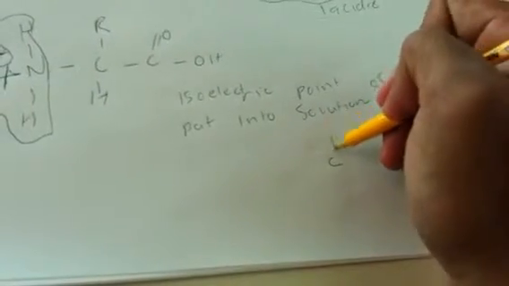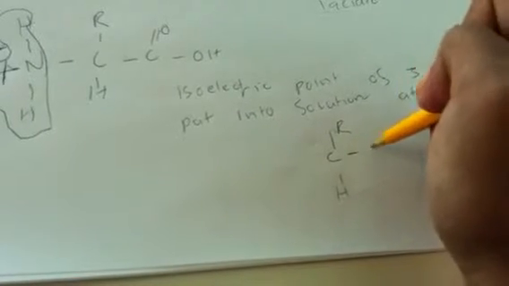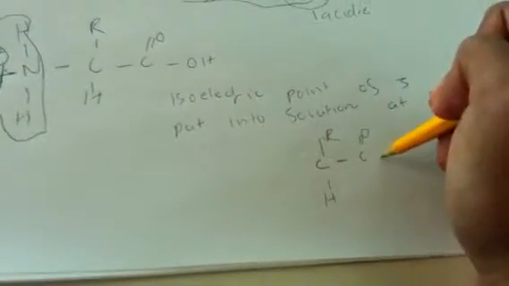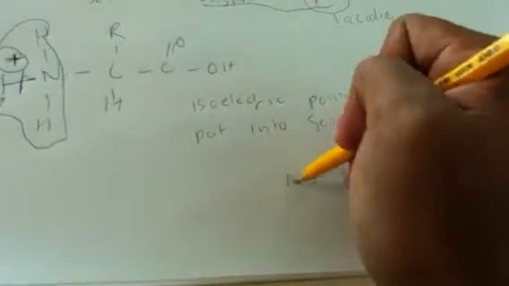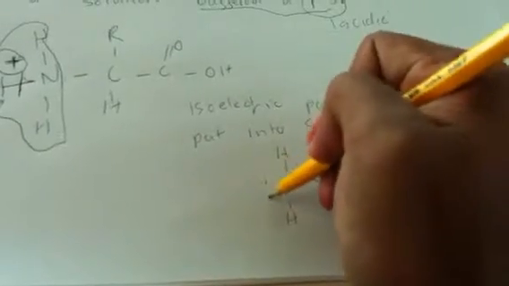Okay, so what's going to happen here? We'll draw the structure first. So we have C, C double bond OH. Then we have our NH2 group with the lone pair of electrons.